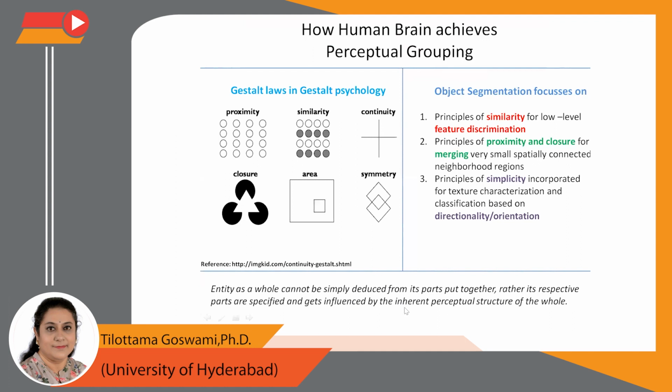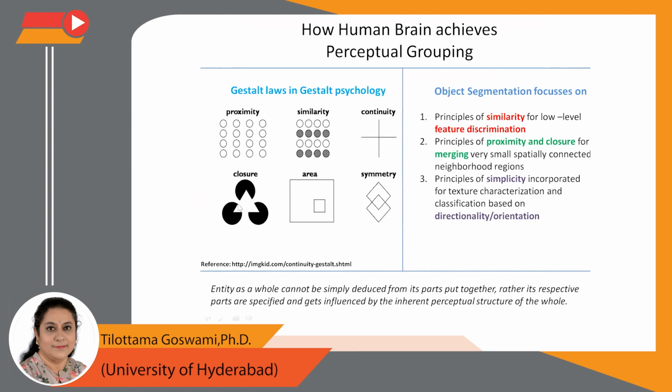Let's understand it bit by bit. Entity as a whole: say for example, let us take this picture. It cannot be deduced from its parts put together. If I put these parts separately, these broken three circles, then we do not perceive a perceptual structure as a whole.